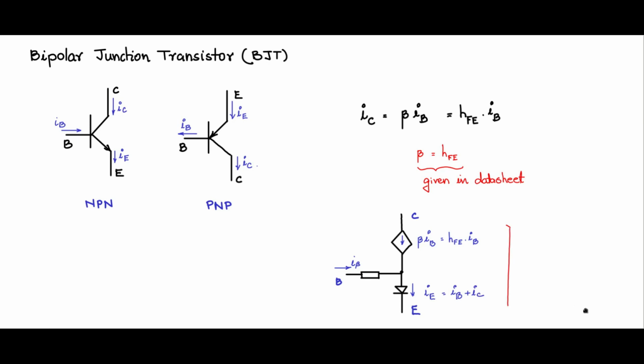So this is in general how the equivalent circuit of the BJT would be, and this is a linear operation of the bipolar junction transistor. This relationship is valid for the linear operation where IC is linearly related to IB.